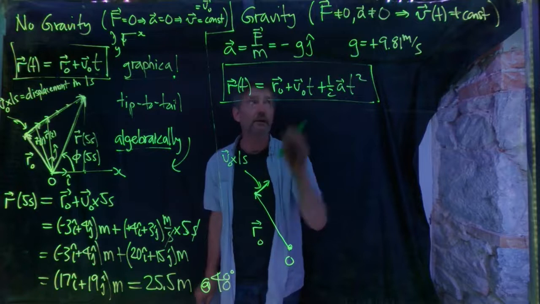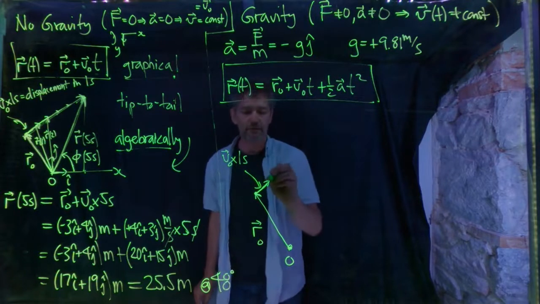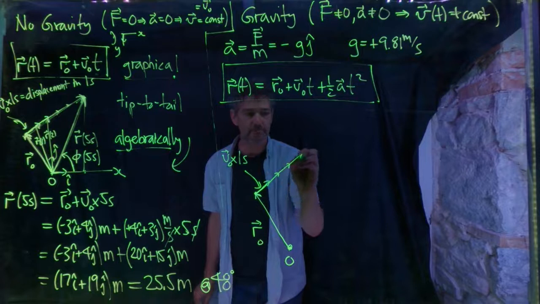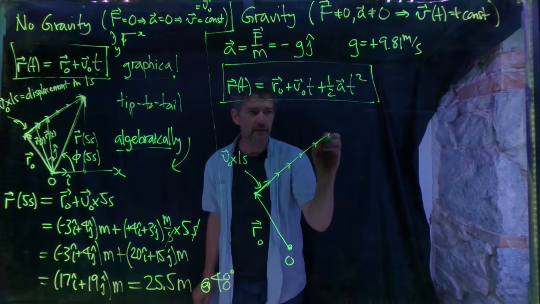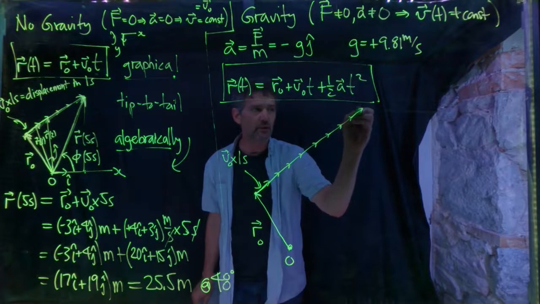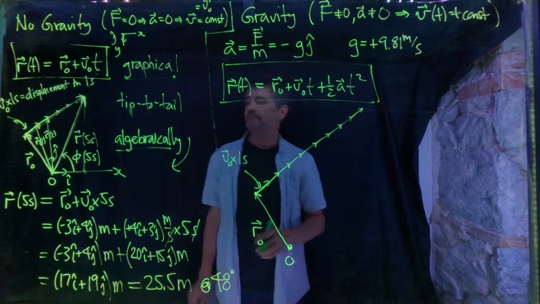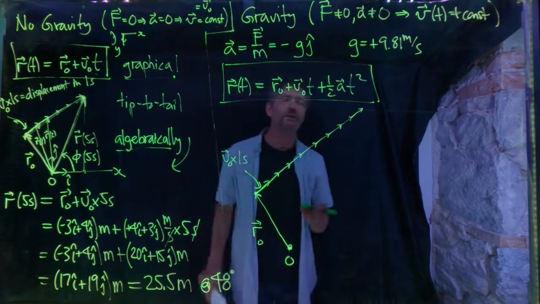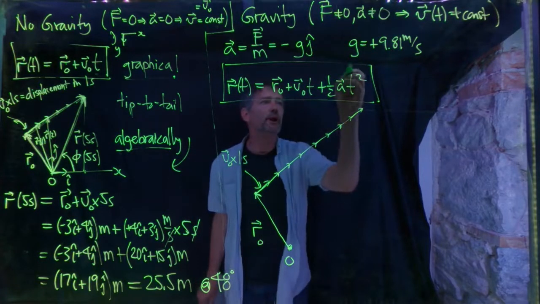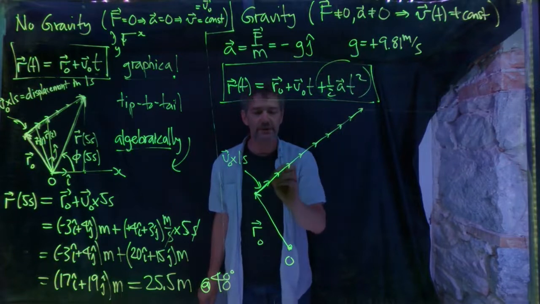If we keep gravity off for a minute, after 2 seconds it would have displaced from the original position by 2 times this. It just keeps moving with constant velocity along a straight line. All of these vectors have the same length. It's the displacement an object would undergo in 1 second, moving with velocity v0. But now something interesting happens. We have to add this term to each of these points.